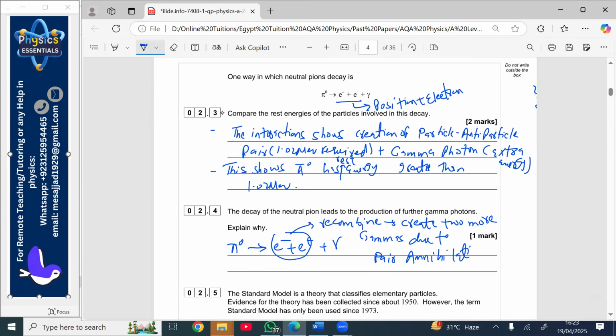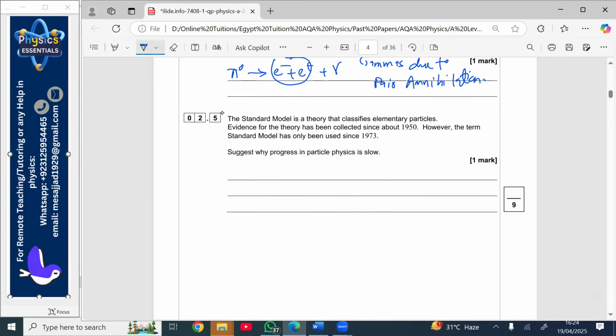One thing is called pair production, and the opposite of it is pair annihilation. It means when a particle and antiparticle come close to each other, there is a bang, and they both are converted into two photons, which are moving in opposite directions. Okay, so you will have two more gammas.